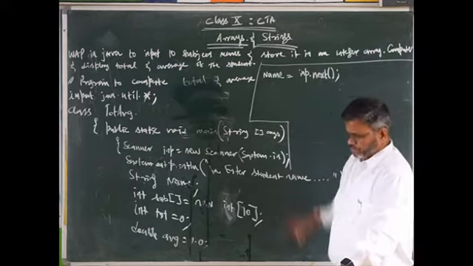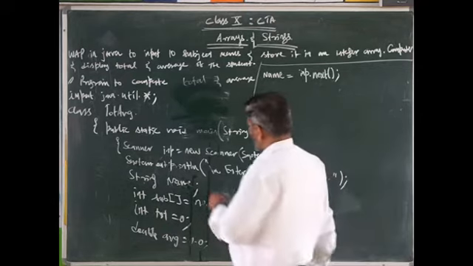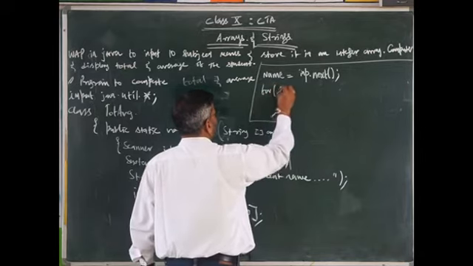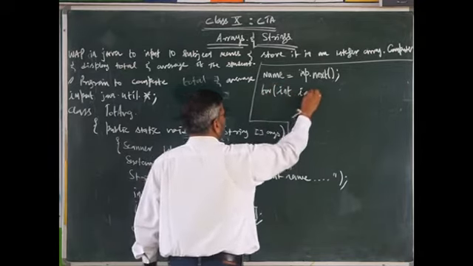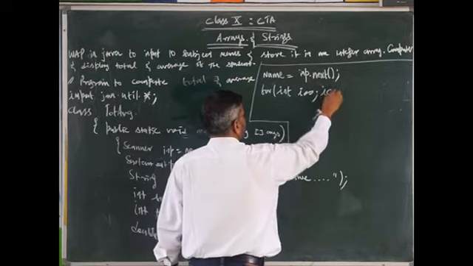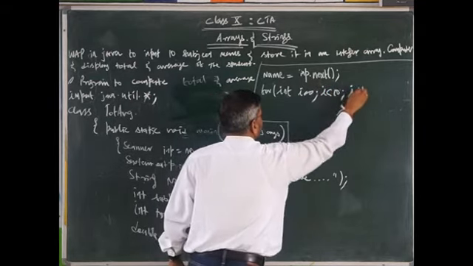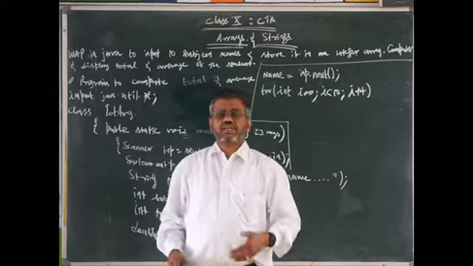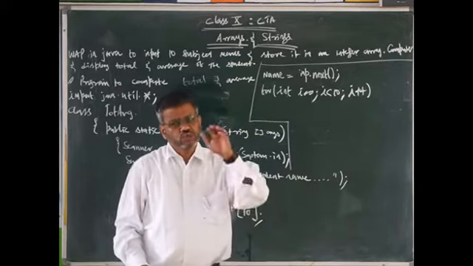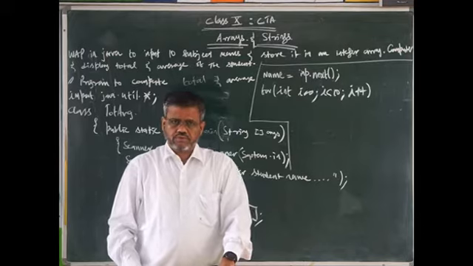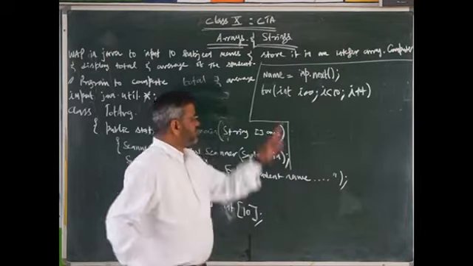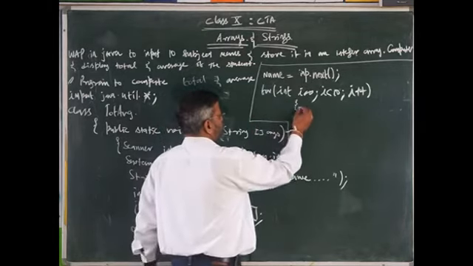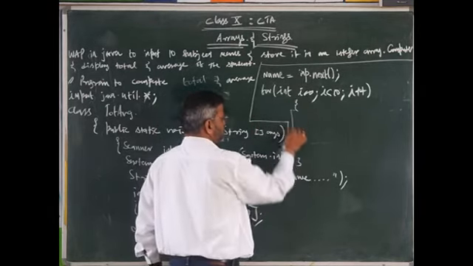I input the name. After the name, I begin the for loop. Why am I beginning the for loop? Because we need to input 10 subject marks. That's the reason, instead of 10 input statements, I begin a loop.